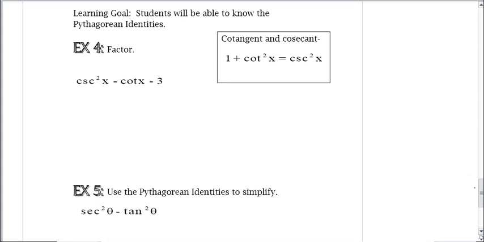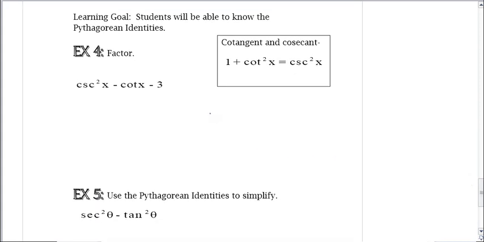Okay, example 4. Alright, now we might have to use an identity. The reason being is this. I don't have it all in terms of one trig function. So let's see. I have the formula right here for you. Remember that you can come up with them on your own. So what I want to do here is this. I want to replace cosecant squared x with 1 plus cotangent squared x, and then see what happens.